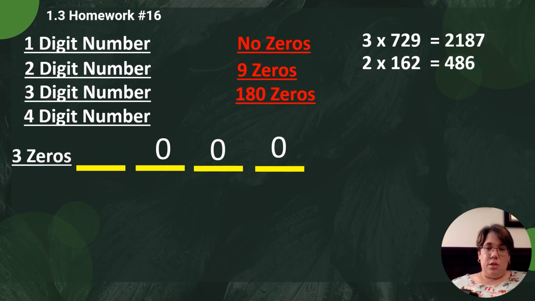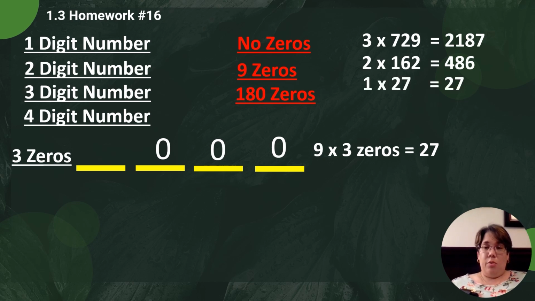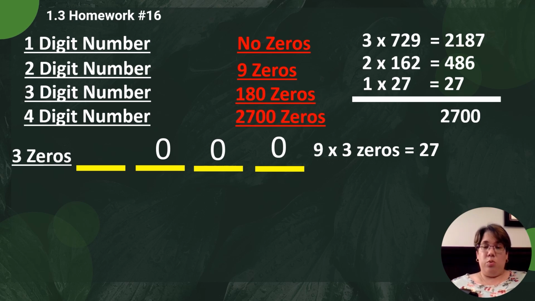So you're only going to have the 9 numbers. Those 9 numbers are going to have 3 zeros, so you're only going to have 27 zeros there. So when you add the 27 and all of those different numbers up, you get 2,700. So you have 2,700 zeros in with your 4-digit numbers.